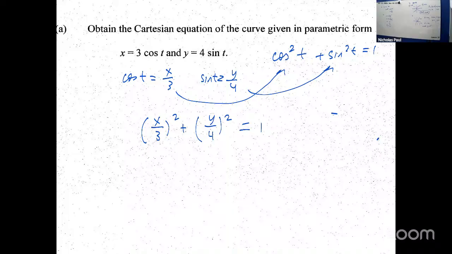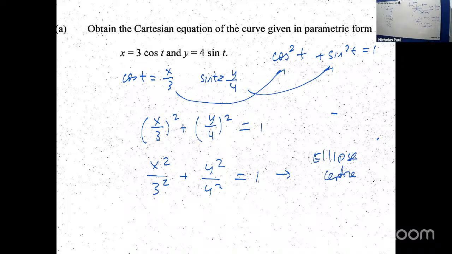What does this look like? Anybody recognize this? What type of equation is this? Circle or ellipse? Ellipse, right? So it's an ellipse with center what?